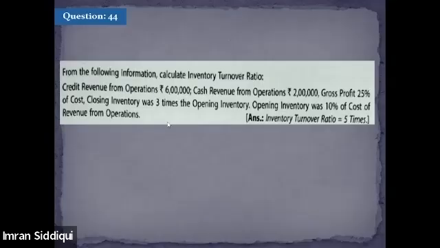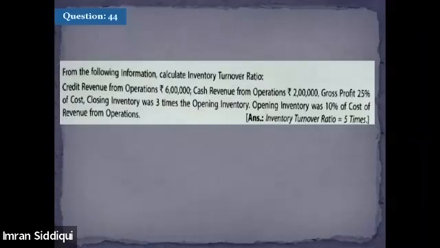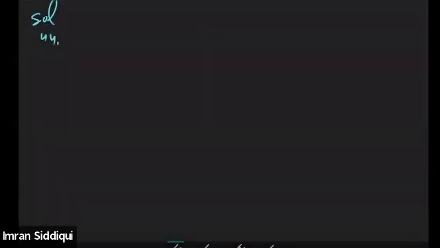See, first of all, we need to find out the inventory turnover ratio. So we'll directly start with the formula only. Question number 44. The formula is inventory turnover ratio equals COGS divided by average inventory.